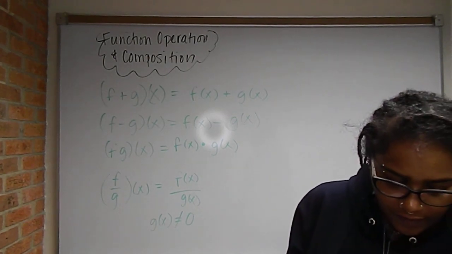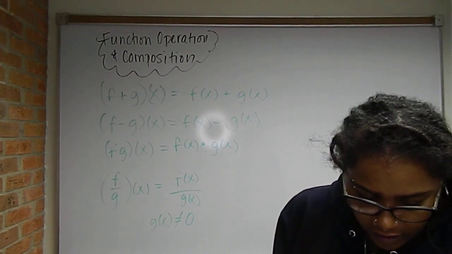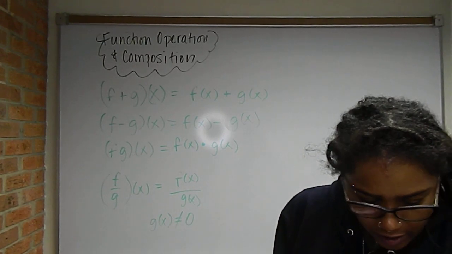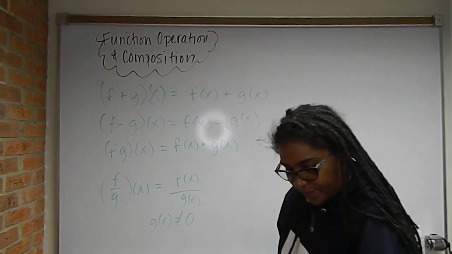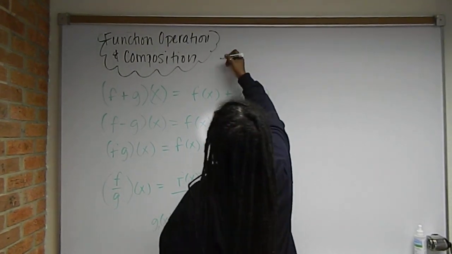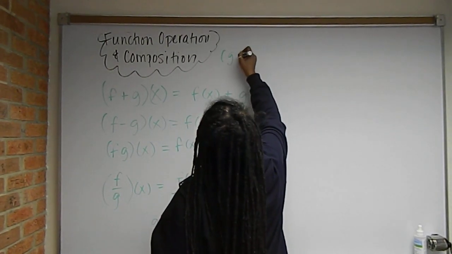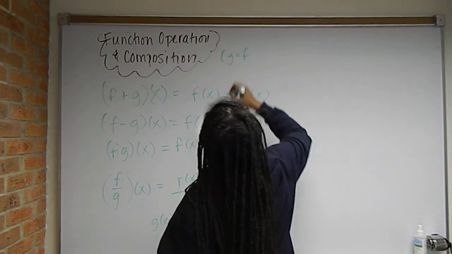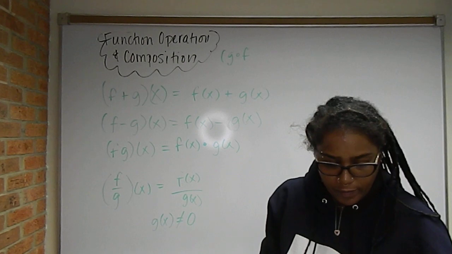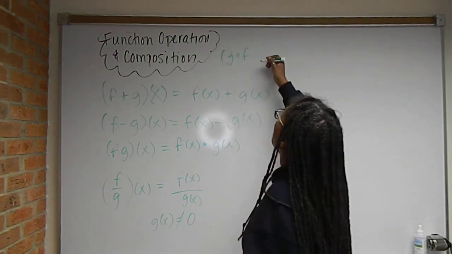If f and g are functions, then the composite function or composition of g and f is defined by... You're like, what is all that? I don't know what those words are. That's not a multiplication. It's a circle.